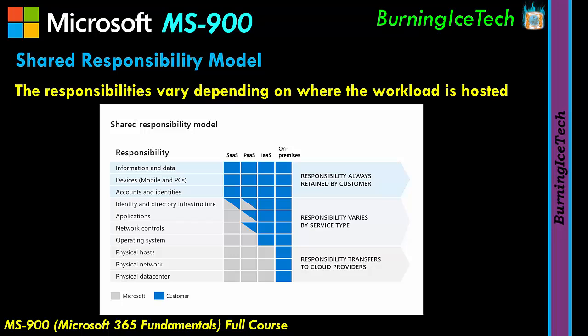Physical hosts, the actual servers with the RAM chips and hard drives and motherboards, are not your problem either. You can create a virtual machine and choose how much storage and memory it needs, but that's about the extent of it. From that point forward, on that virtual machine, you've got full control. You can choose any operating system you want, and on that operating system, everything is your responsibility.